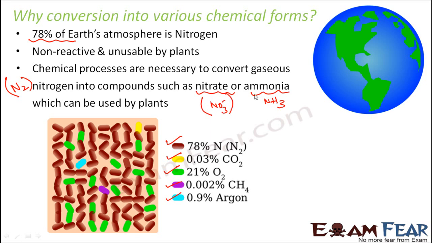These are the two forms which can be utilized by plants, and both have nitrogen. So we need to convert nitrogen into usable forms. That is the purpose of the nitrogen cycle and why nitrogen gets converted into so many different forms. But at the end all these forms again get back to the nitrogen gas and are released into the atmosphere. So it is a cycle that way.